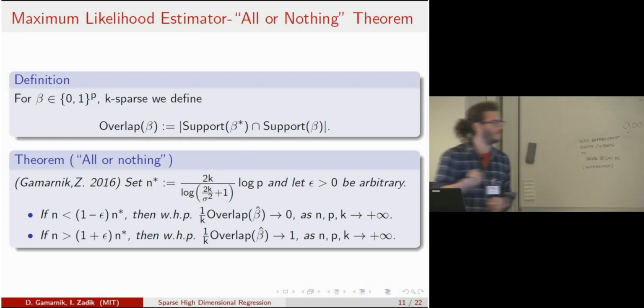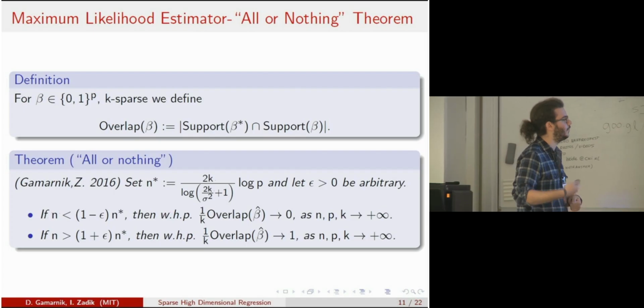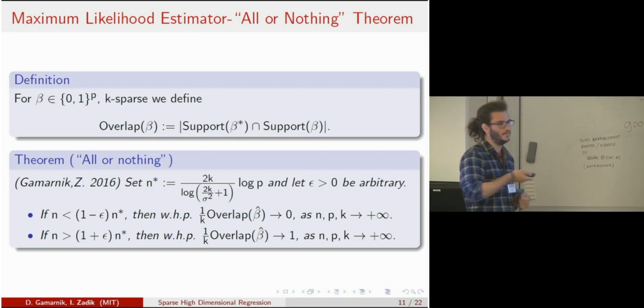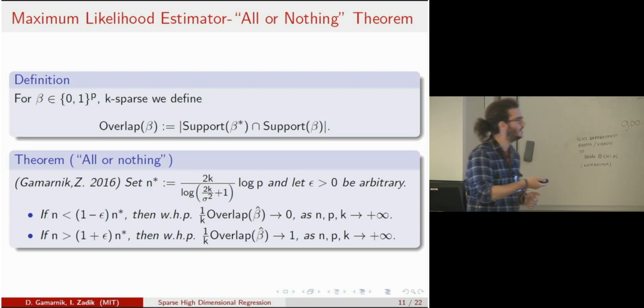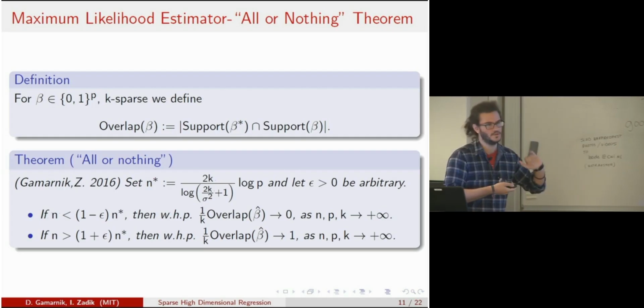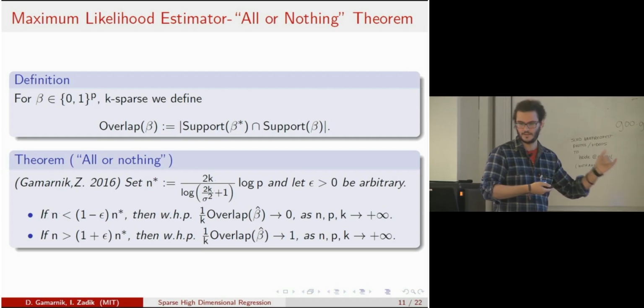It will find at most little o of k correct ones compared to beta star. But the moment you go slightly above the Gaussian communication channel lower bound, like 1.0001 n star, then with high probability you lose at most little o of k ones. So there is a sharp phase transition, as we say, in the behavior of this.